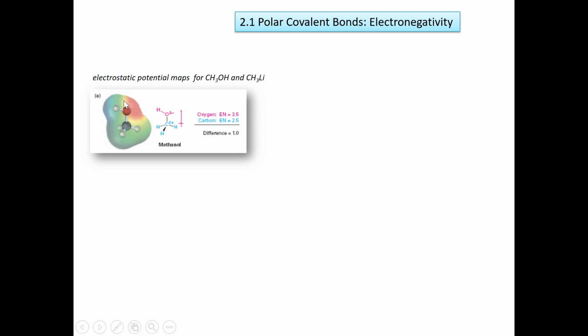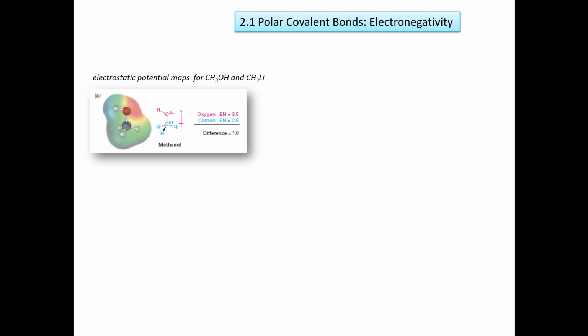That means that the major part of the electrons will be close to the oxygen, and this will create a density of negative charge on the oxygen and a density of positive charge on the carbon. If we represent this, we can draw an arrow from the density of positive charge to the density of negative charge, and this will be the dipole moment.